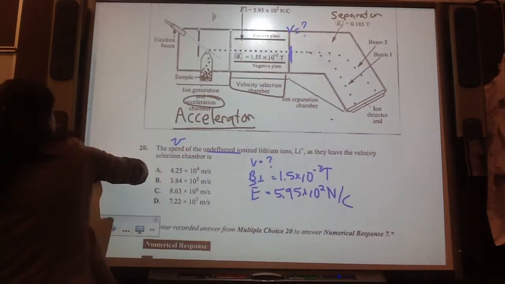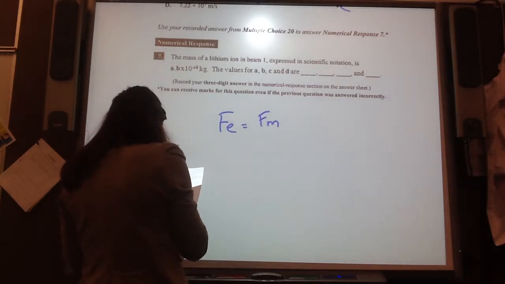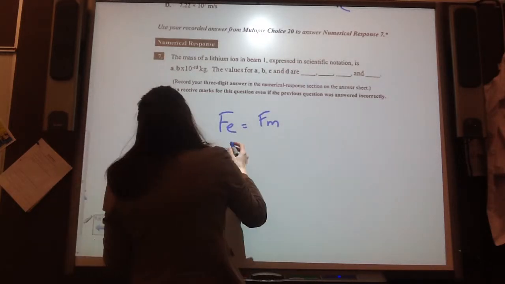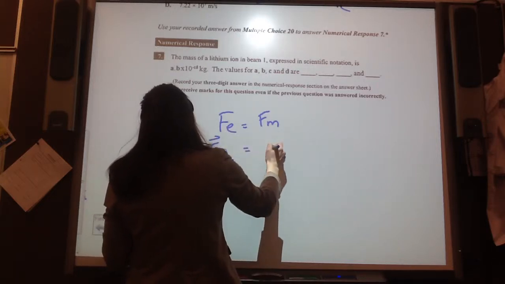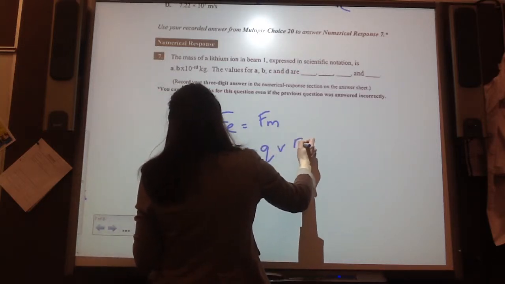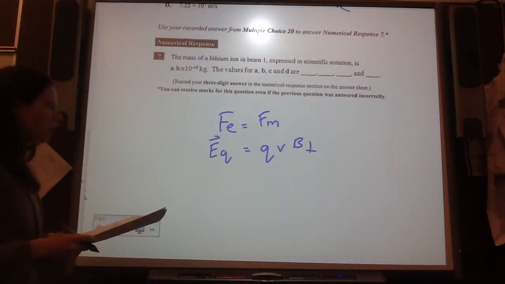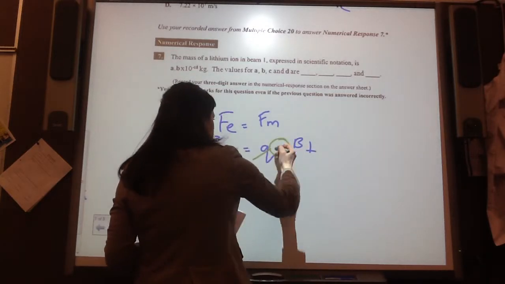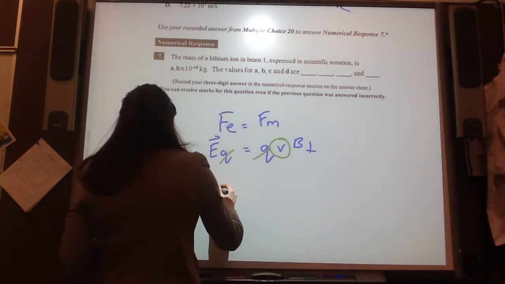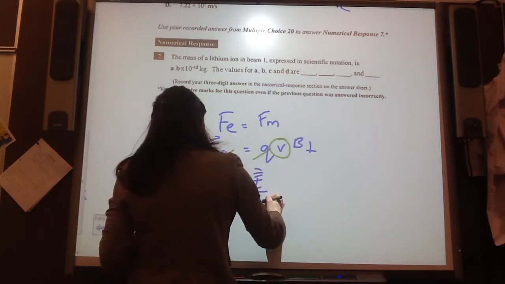Then we expand this to E times Q equals Q times B perpendicular. We can cross off our Q's. We want to solve for V, so V is equal to E over B.